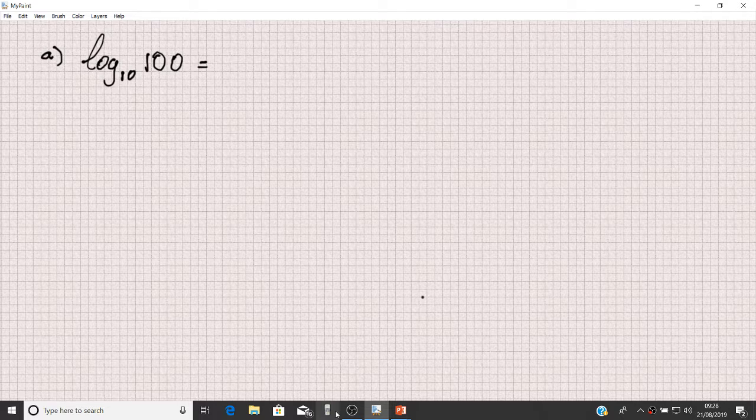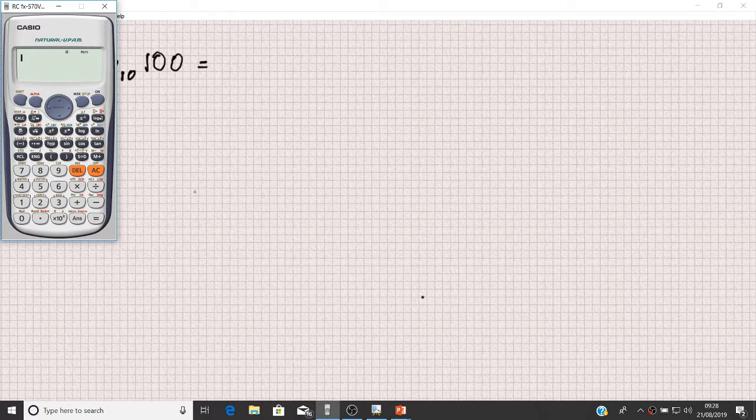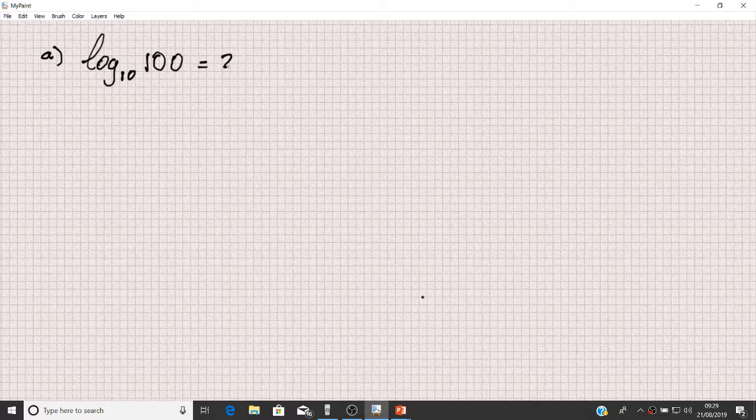And with the calculator, if you're using the Casio, I think it's the 991, you will be able to find the button of log base, which is just here. I'm pointing to it here. So we're looking to do log base 10 of 100. And it's a simple problem. Log base 10 of 100 is indeed 2.